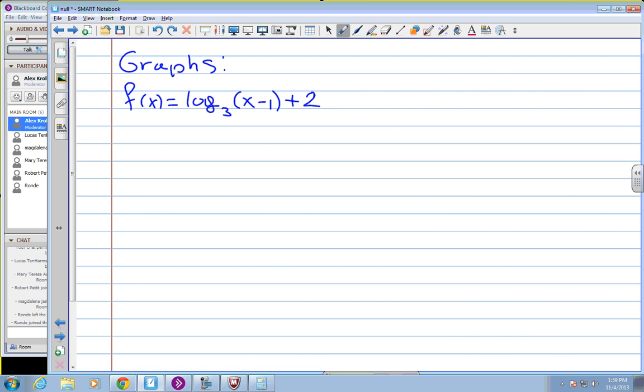It's just the graph of a logarithmic function. Just like with the exponential function, base 3 is a little flatter than, let's say, base 2 would be, but they all have generally the same shape.